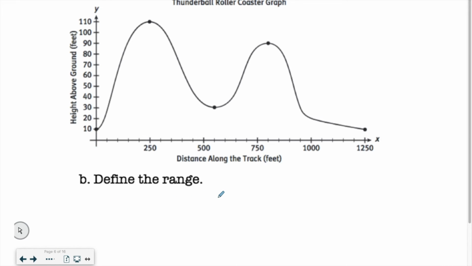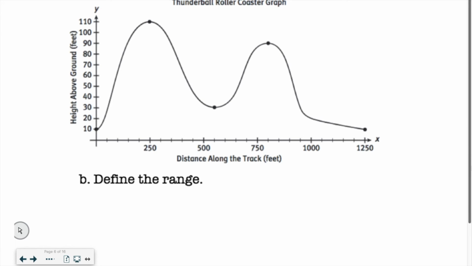Then the range is talking about your y values. So look at your graph. You can see that the graph starts at 10. Again, this doesn't go below 10 either. So we have 10 up to whatever the highest point is, and the highest point goes up to 110.